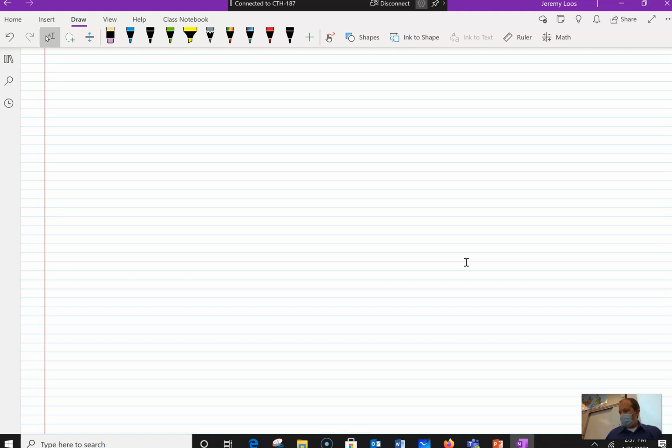If you look at number 1 where it says ideal gas law: what pressure will be exerted by 0.50 moles of a gas at 25 Celsius if it's contained in a vessel whose volume is 650 milliliters?